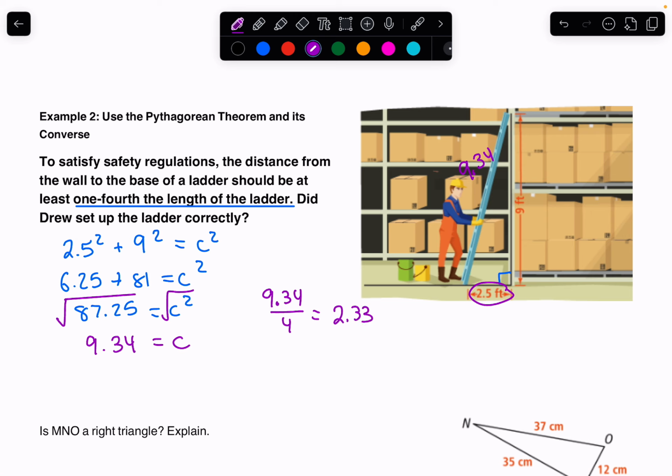So we ask ourselves, is the ladder set up correctly? Is this amount at least 1/4 the length of the ladder? 2.5 is more than 1/4 the length of the ladder, so the ladder is set up correctly.